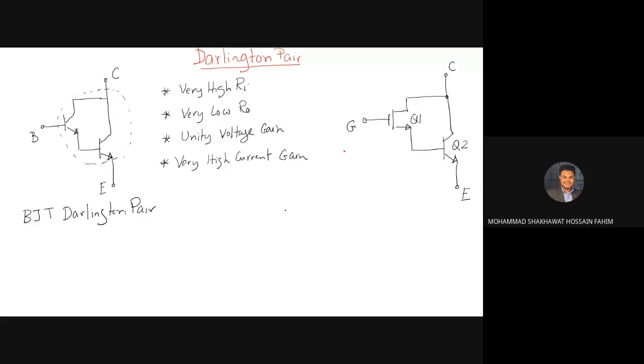So it is a voltage control device, but has high input impedance. This is the gate, and what is the gate current? How much is the gate current?